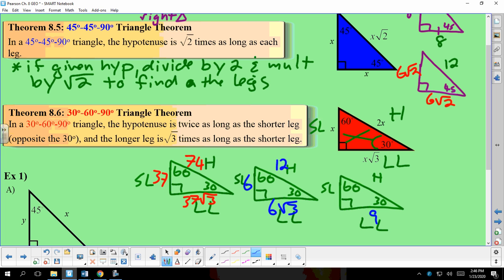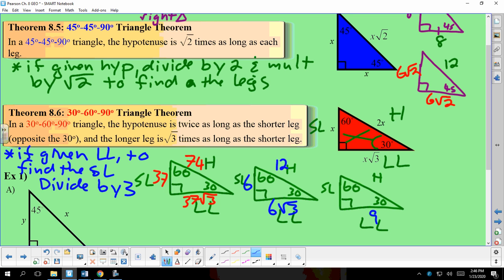So if I'm given the long leg, to find the short leg, divide by 3 now, and multiply by the square root of 3.